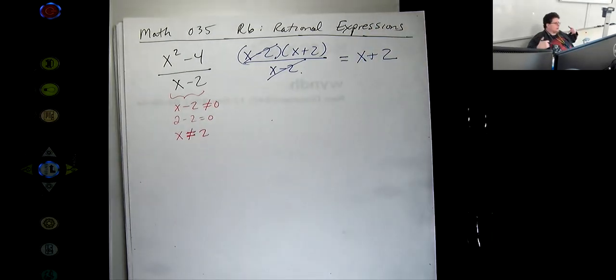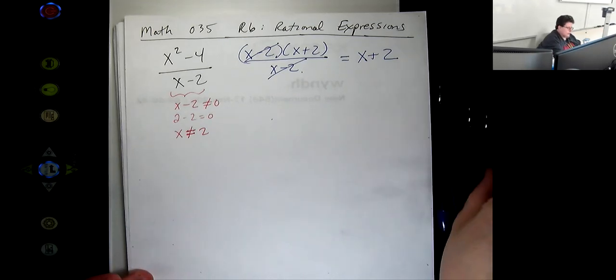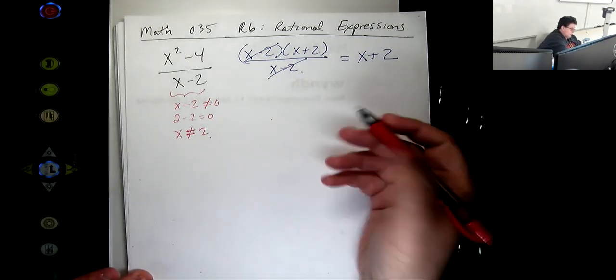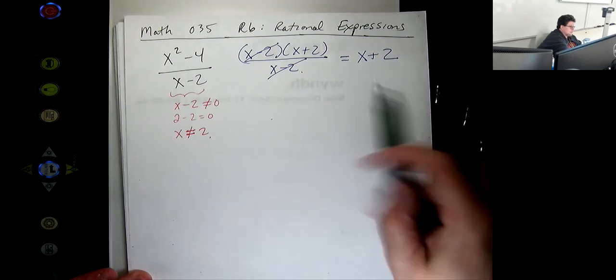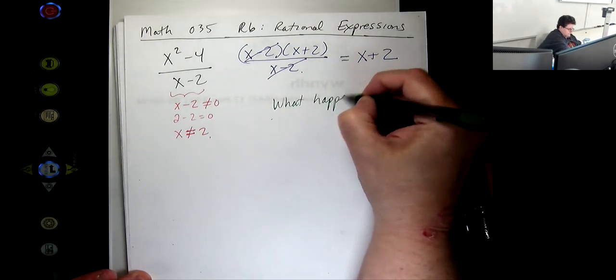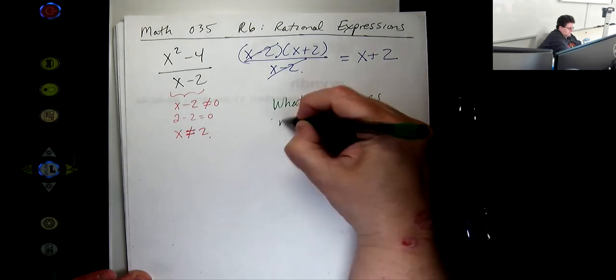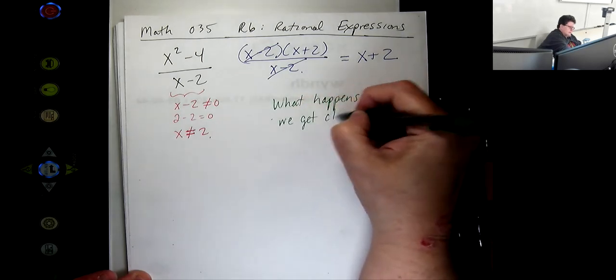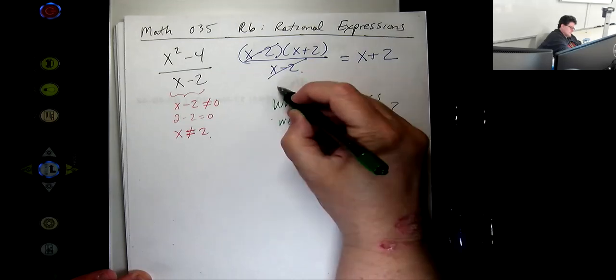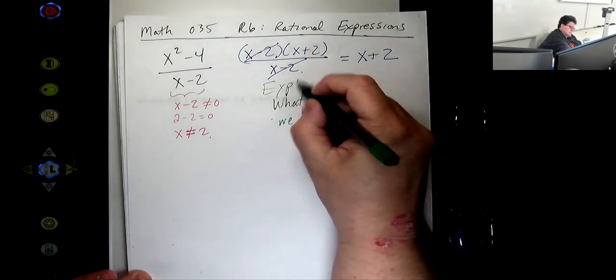This becomes important a lot in calculus, and I'll tell you why, because you're eventually heading there. x can't equal 2, but what we're going to do is ask what happens as we get close to 2? This is explored in calculus.